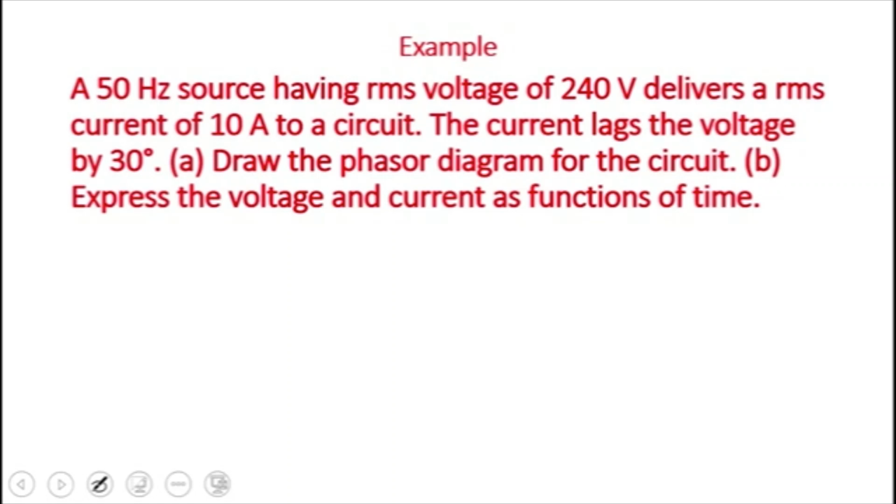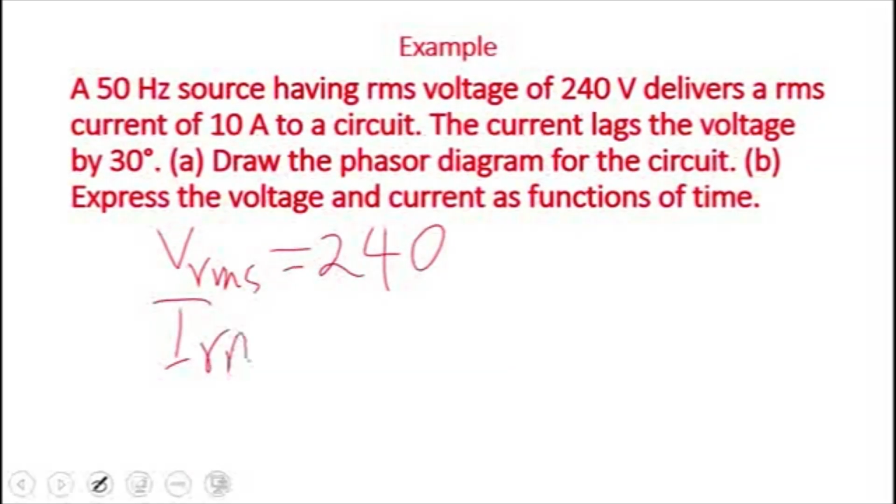So the RMS voltage is just 240, and the RMS value of the current is 10 ampere. These two values have been given to you, and you are supposed to represent them in the form of a phasor. But in the question, they are saying that current lags the voltage by 30 degrees.